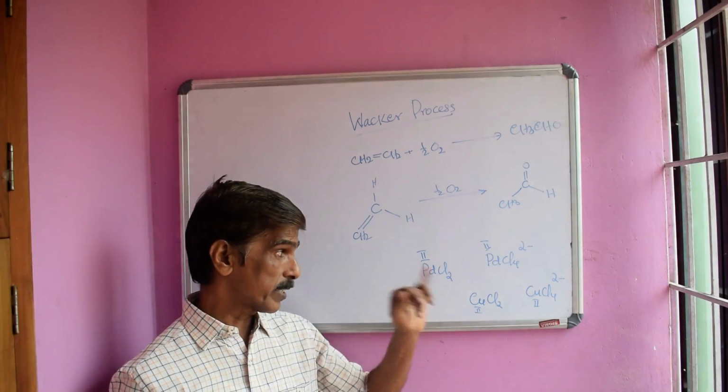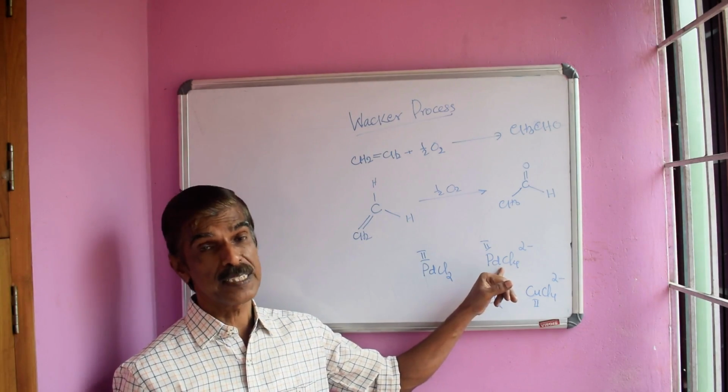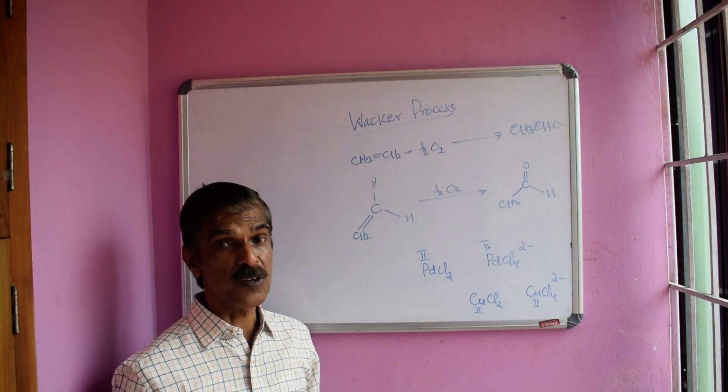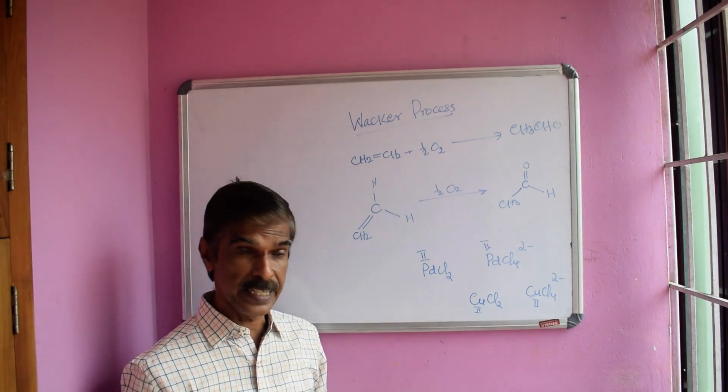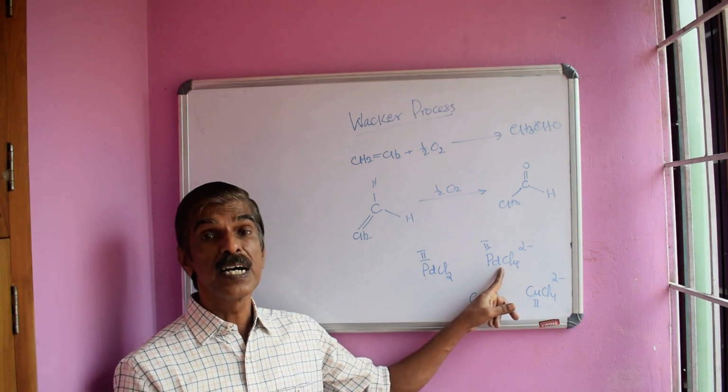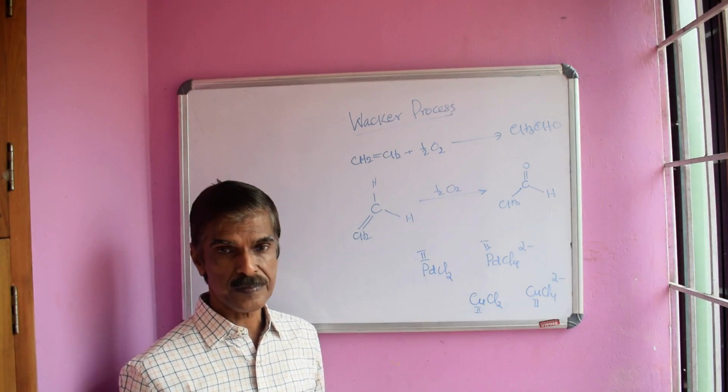The actual catalytic species is PdCl4 2 minus, and the role of CuCl4 2 minus is the regeneration of the catalyst towards the end. At the end, PdCl4 2 minus or palladium 2 is reduced into palladium 0.